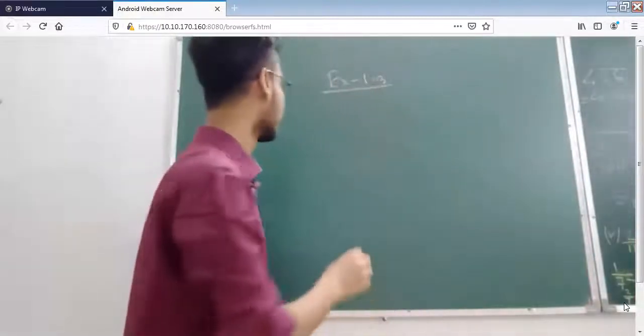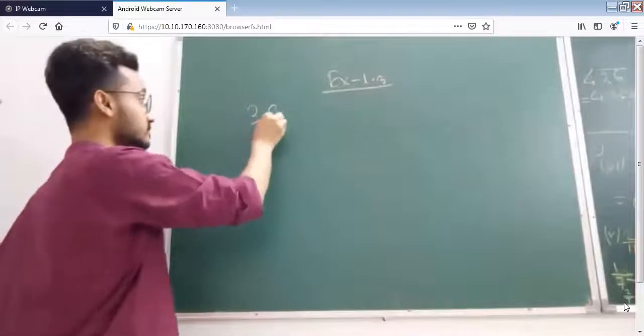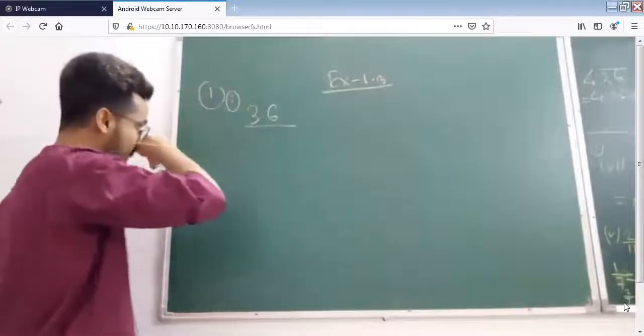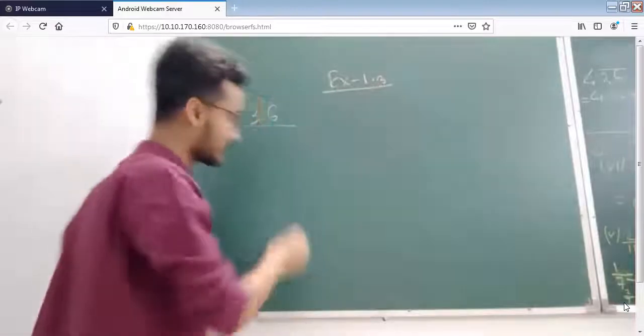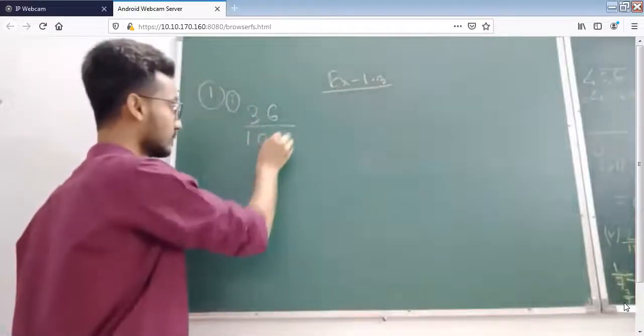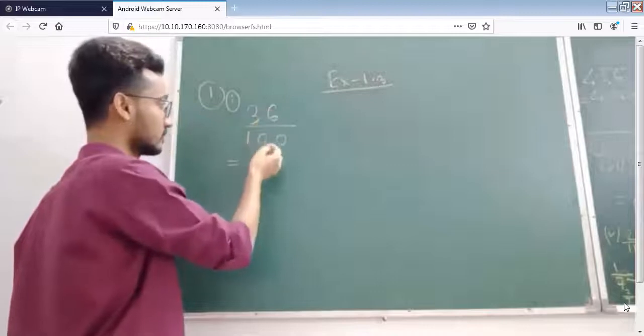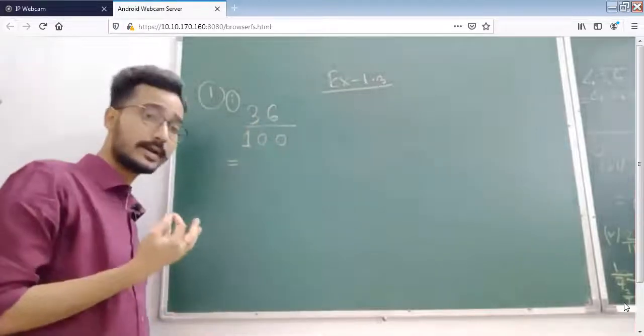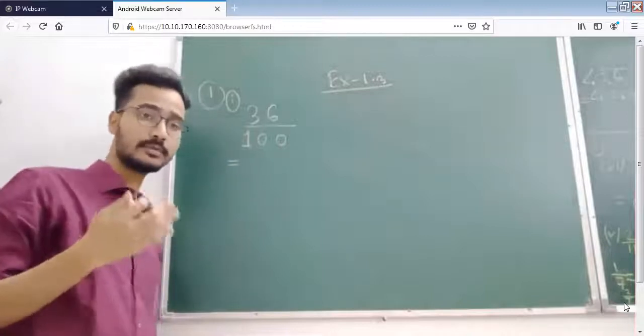Now see, question number 1, the first one: when you divide 36 by 100. Just now I have told you that when you divide a number by any multiple of 10, yes or no?